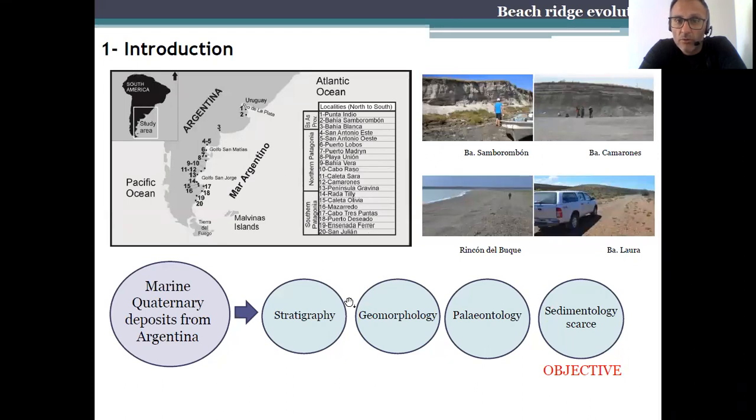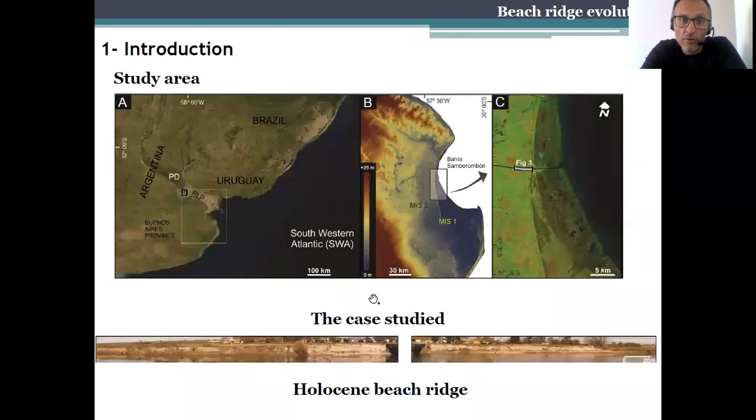Even when the stratigraphy, geomorphology, and paleontology are more or less well developed, detailed sedimentological studies are scarce in these deposits. So the objective of this presentation is to show you an example of a detailed sedimentological study in one of the Holocene deposits.